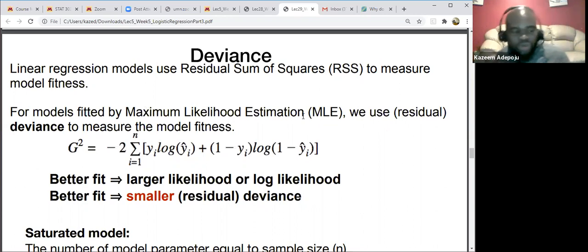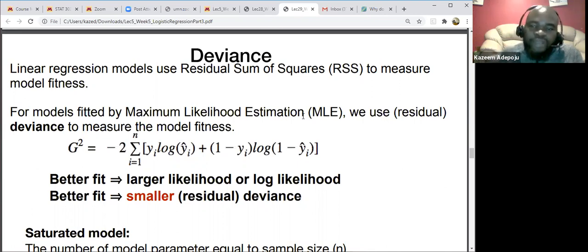Okay, this can come out in a multiple choice in the final, where I can ask you, when I'm fitting a logistic regression model, what do we use to estimate parameters? What approach? I need you to tell me maximum likelihood approach. But for the case of linear regression, I need you to tell me least square.